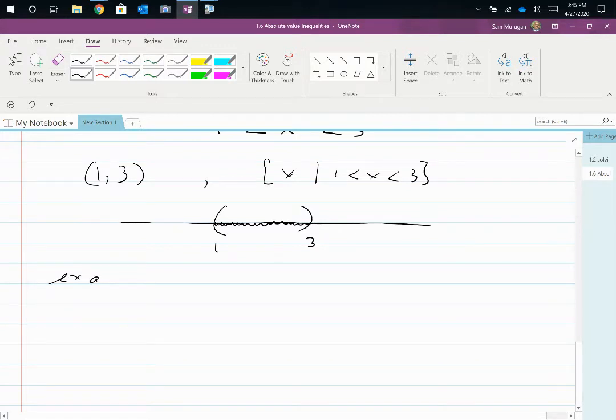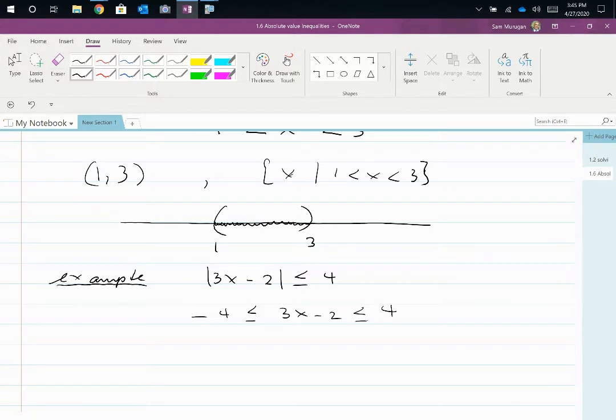Example, absolute value of 3x minus 2 less than or equal to 4. So the absolute value is already isolated. We would set it up, -4 less than or equal to 3x minus 2 less than or equal to +4. Add 2 to each section.